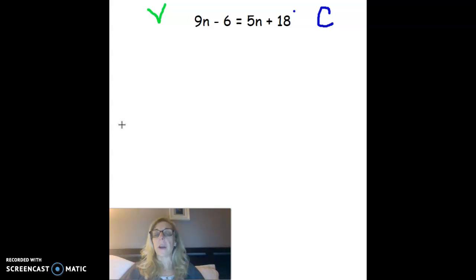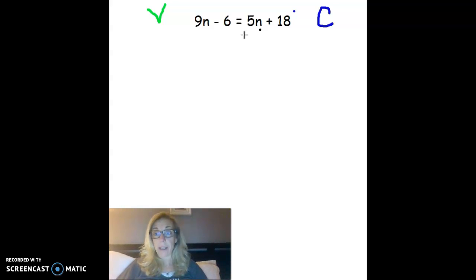So let's just look at the variable side. I have this 9n here, which is what I want. But wait a minute, the 5n is not on that side. It's on the constant side. Well, how am I going to move it to the variable side? Well, I have to zero it out on the constant side. It's a positive 5n, so the only way I can zero it out is to subtract it.